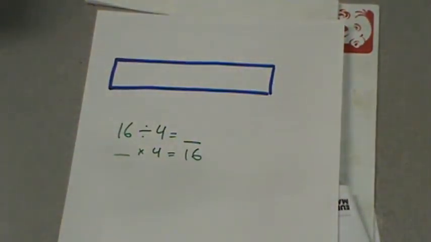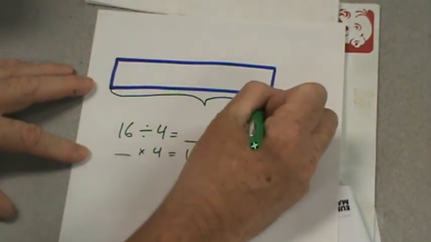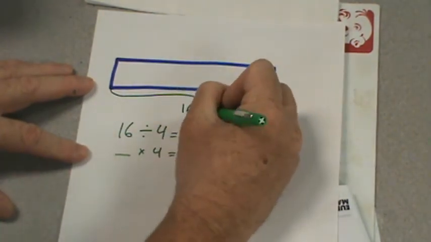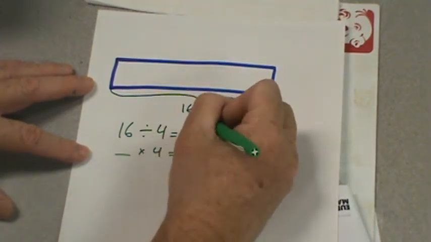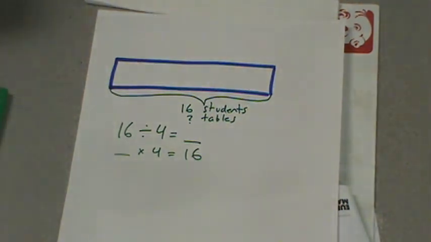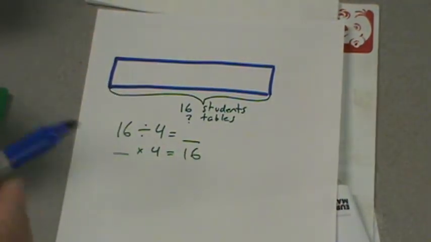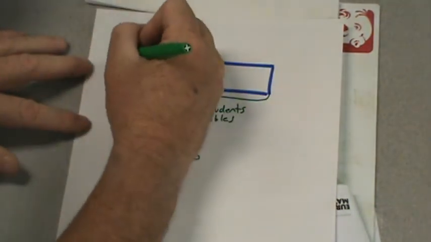So let's say we had 16 students. What we don't know is the number of tables. Okay, so we know that each table, of course, sits how many students? 4.